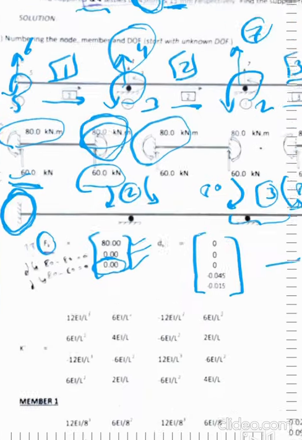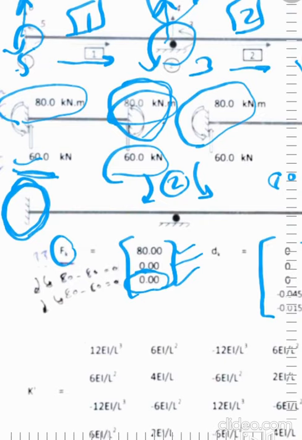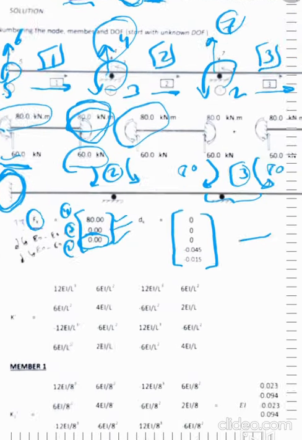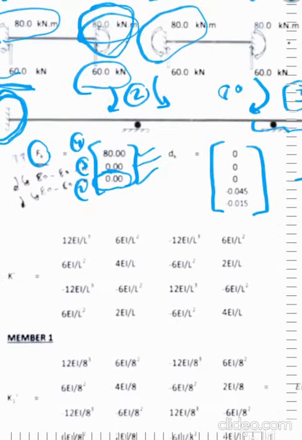So the FK is 80. This is for node 4, this is for node 3 and this is node 2. So now go to the matrix of beam.